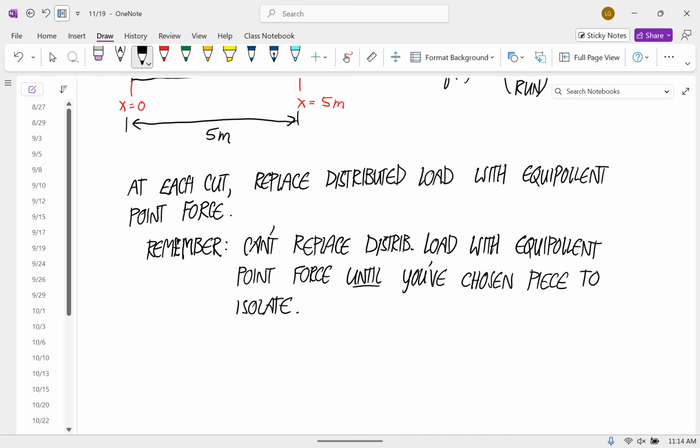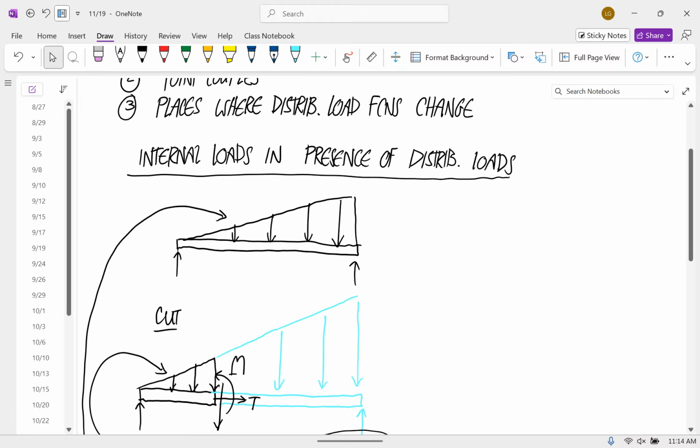Okay, so let's think for a second about why that is. Because you might think for this problem, you would replace this triangular distributed load with a point force. So that point force would be acting a third of the way from the right to the left, right?